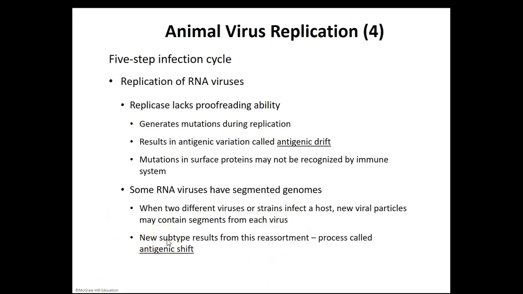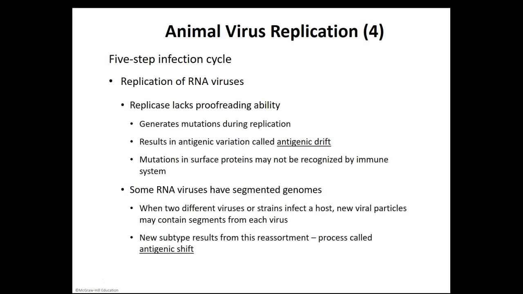And these new subtypes ultimately lead to what we call antigenic shift. The shift is when you completely move things around. Not just drifting from side to side, you literally are moving segments of the genome and, for lack of a better way of putting it, shifting them around.